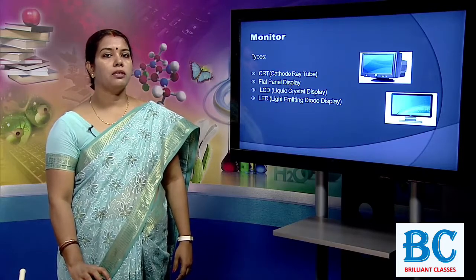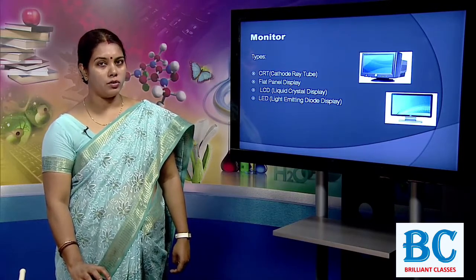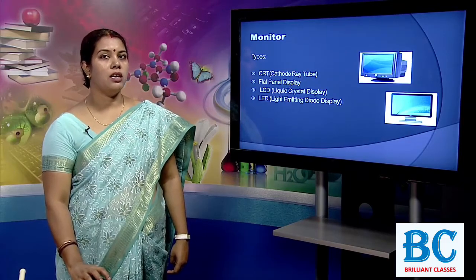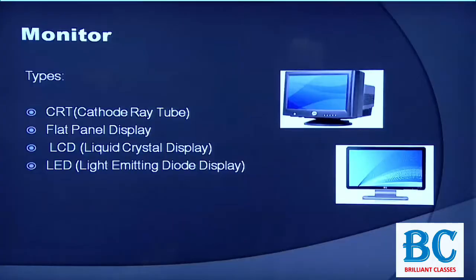The video adapter converts information from the format used, in the same manner as a television displays information sent to it by a cable service. Basically there are two types of monitors, CRT, that is cathode ray tube, and flat panel display. Flat panel display may use the technology of LCD, that is liquid crystal display, or it may use LED, that is light emitting diode display.